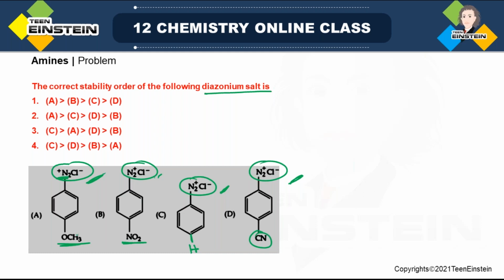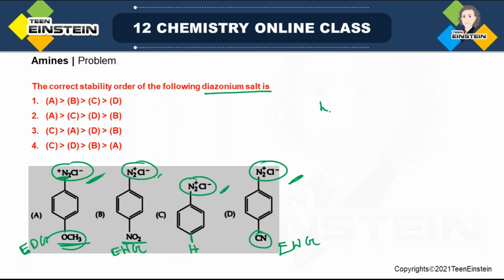As OCH3 is donating, this is a withdrawing group, and H is nothing. CN is also electron withdrawing, but compared to NO2, its electron withdrawing capacity is not so high. But obviously the first molecule should be the most stable, because the positive charge over nitrogen is somehow balanced by the OCH3.